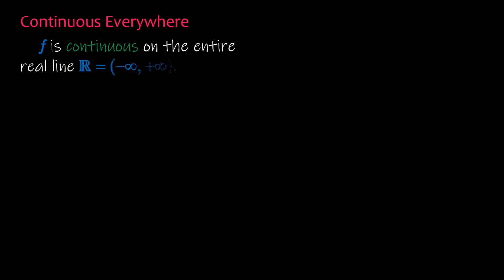Continuous everywhere. If f is continuous on the entire real line, it is continuous everywhere. Examples of continuous everywhere functions. Number 1. Polynomial functions.